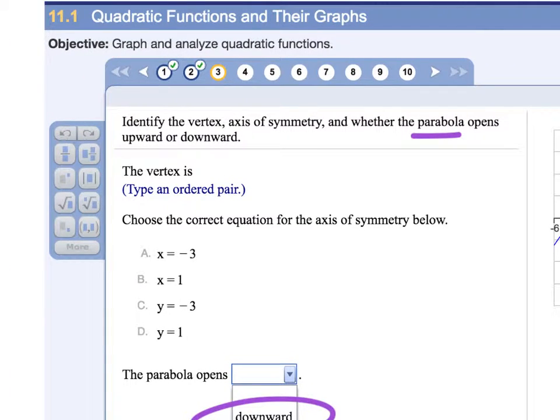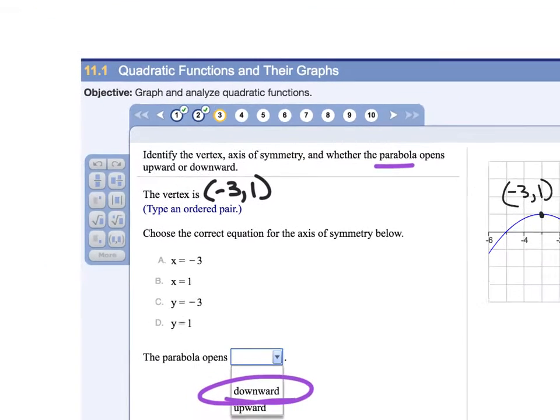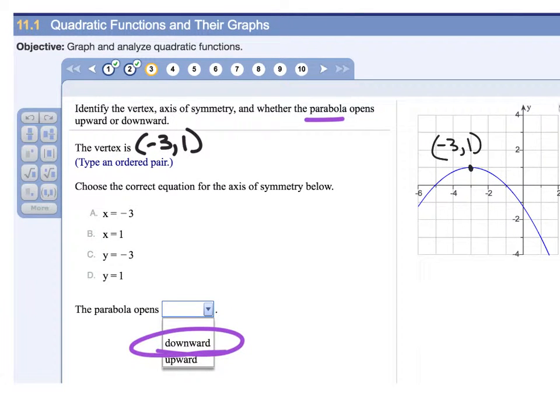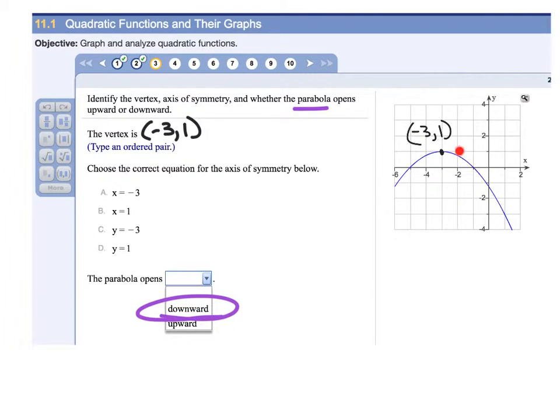So the vertex is negative 3, 1. We can just see it by inspection, just by looking at it. There is a nice, beautiful little formula that we can use to get that vertex, and I am going to show it to you in later problems. But at this point, if you can just see what the vertex is, go with it.